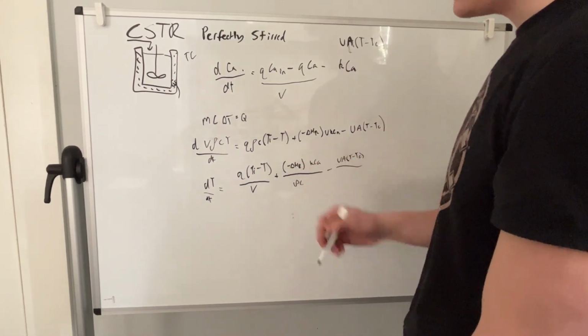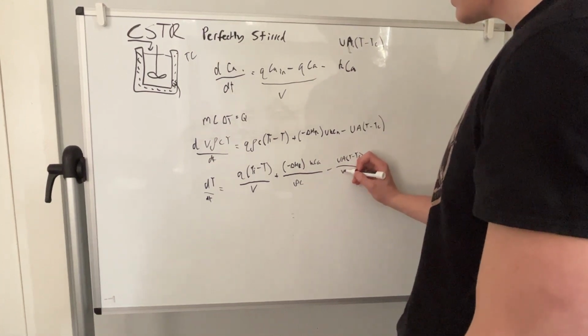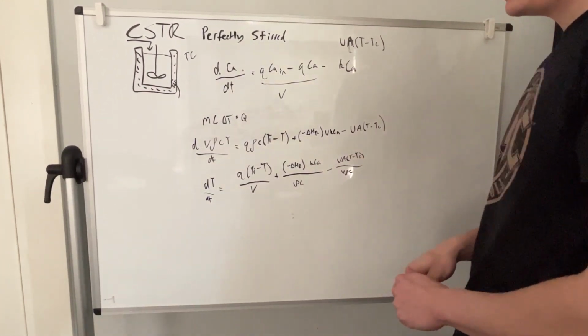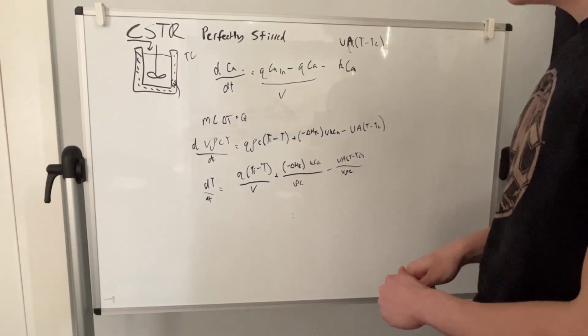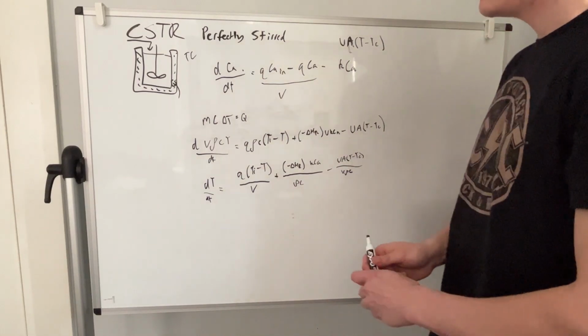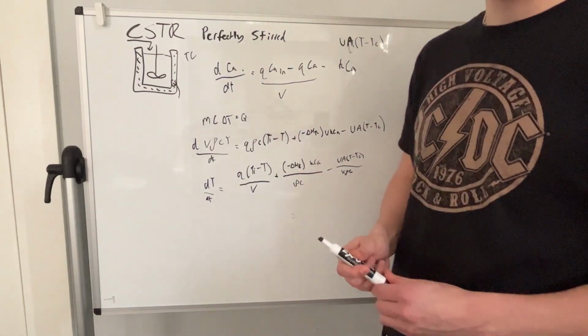And that will be divided by everything since nothing cancels out. So V rho C. And that's how we get our differential equations for the change in concentration and the change in temperature of our continuously stirred tank reactor.